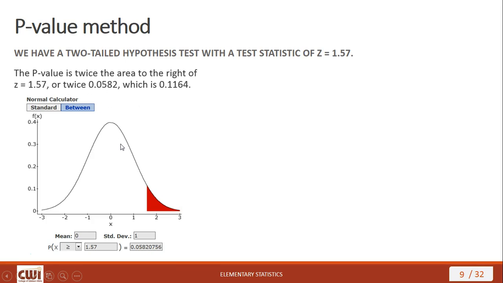Since this is a two-tailed test, we're going to have twice the area under the curve for the one-tailed test. So we take this area, which is 0.0582, and multiply it by 2 to give us the two-tailed test. That gives us 0.1164. This then is our p-value.